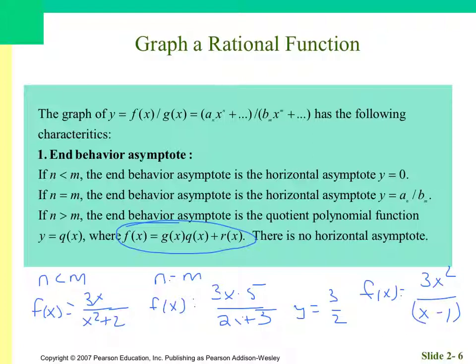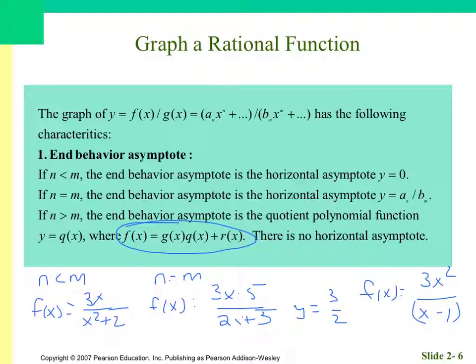So, okay? For this one, the end behavior would be the limit of f of x as it approaches. Put it into your calculator. You might have to zoom out to see both.